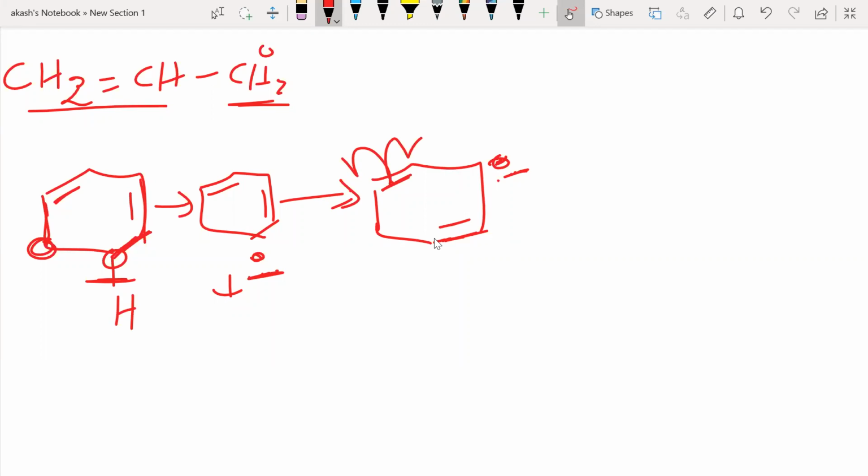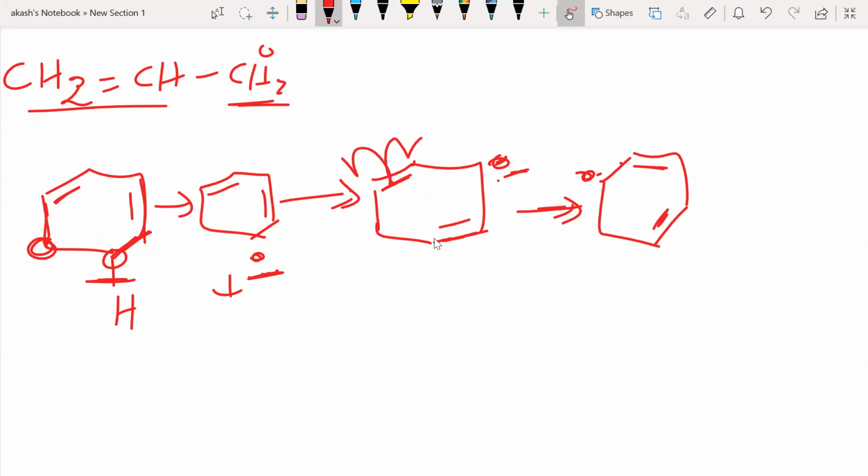So now this dot and this dot combine together to make a bond. So now you will have a bond here, and where is the radical? This is the radical. So in this position also, you will be able to get the free radical.